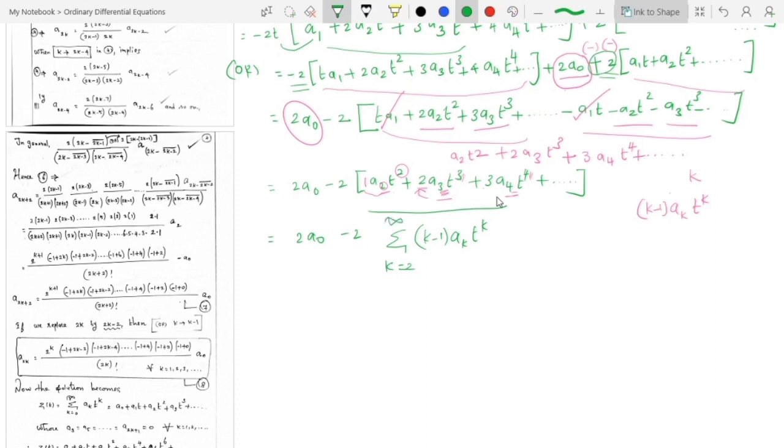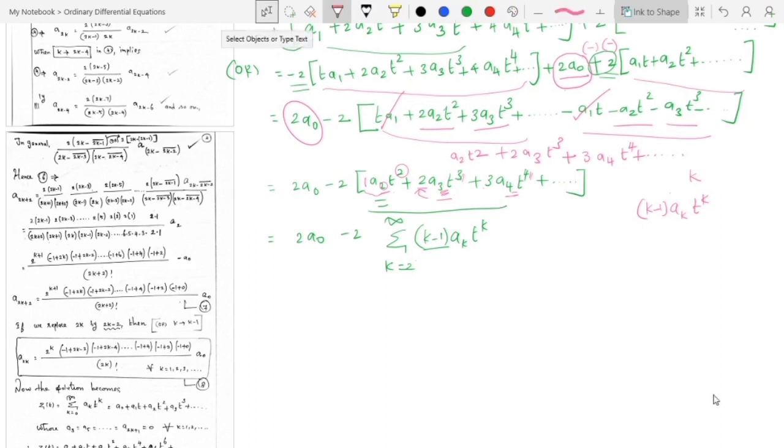If we start from 2, 2 minus 1, that is 1, a2 t power 2, we get the first term. If it is 3, 3 minus 1, 2, a3 t cubed, that is the next term. If it is 4, 3 a4 t power 4, consecutively we are getting the terms.